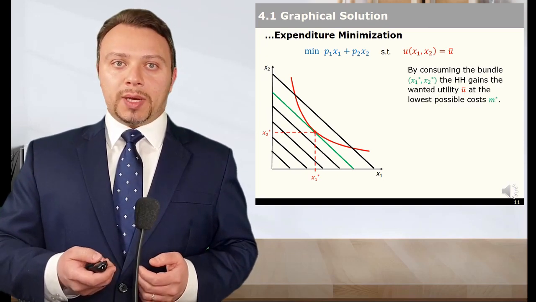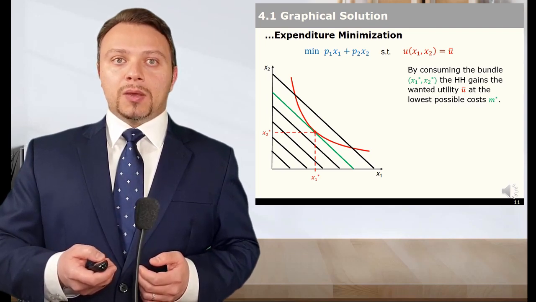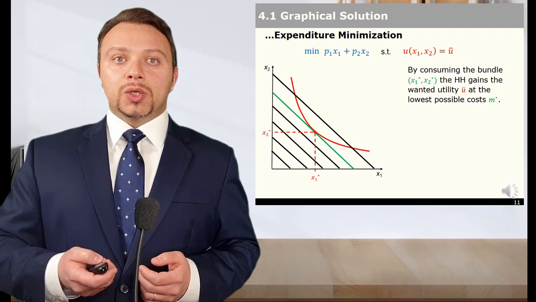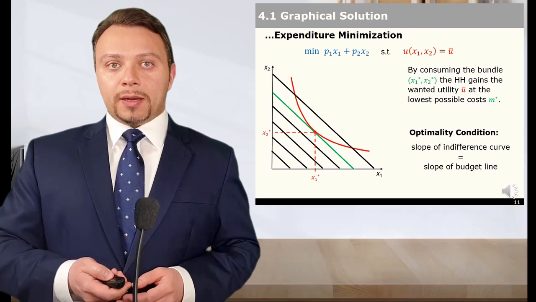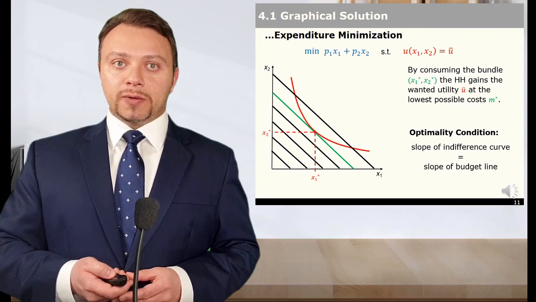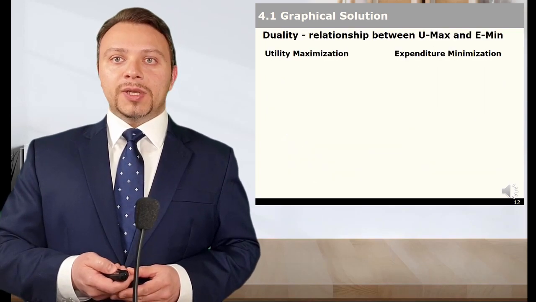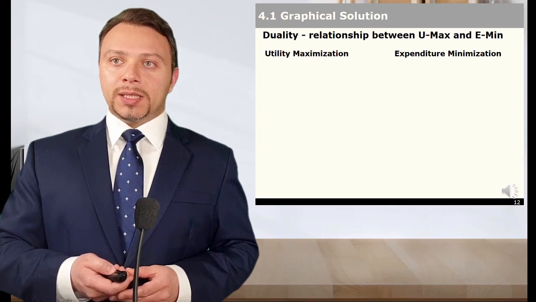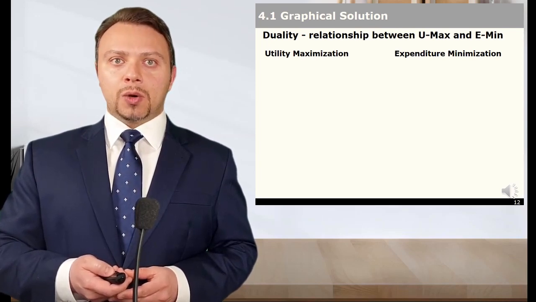By consuming the bundle x1 star and x2 star, your brother gains the wanted utility, spending the lowest possible budget, M. Again, here the optimality condition is that the slope of the indifference curve must be equal to the slope of the budget line. There is a relationship between utility maximization and expenditure minimization, and this relationship is called duality.